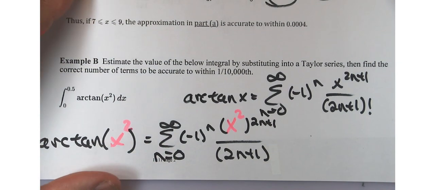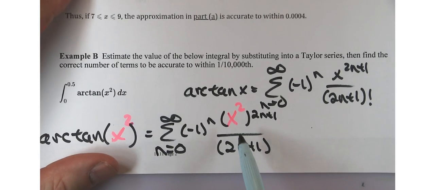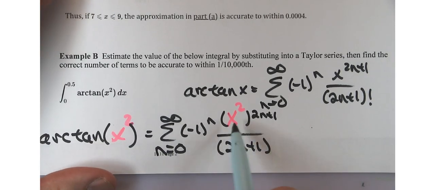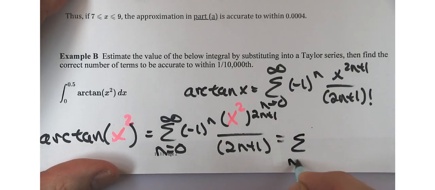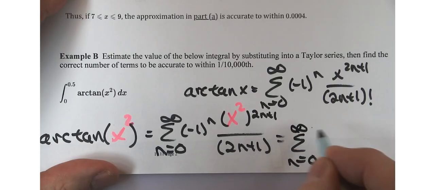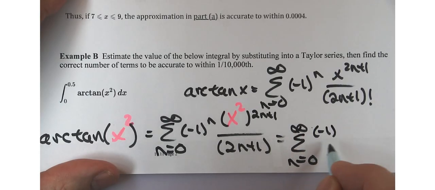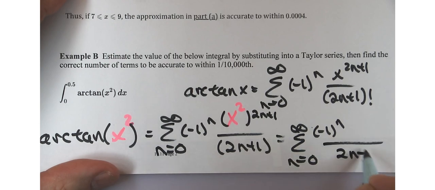Okay. There is one last thing we need to do here, and that is simplify this term. What's going to happen with these exponents? What am I going to end up with when I remove the parentheses there? -1 to the n over 2n plus 1.